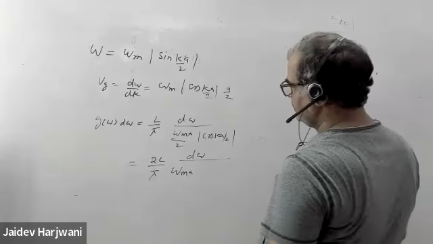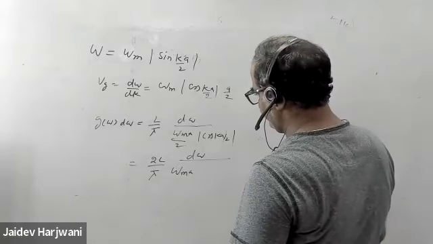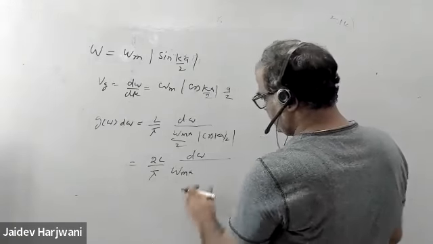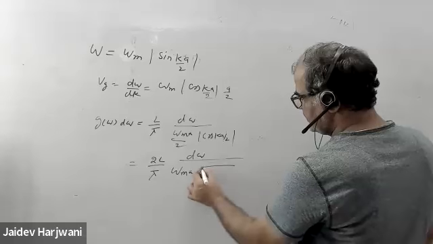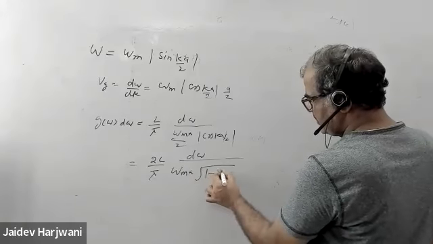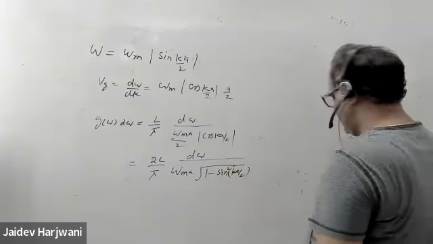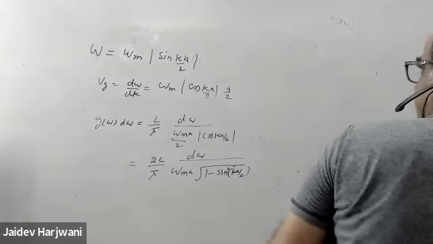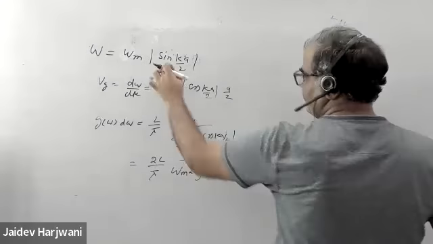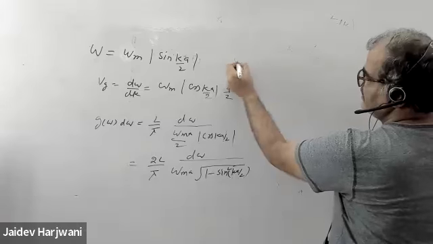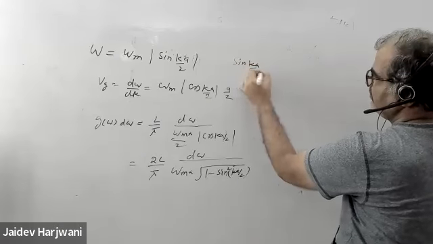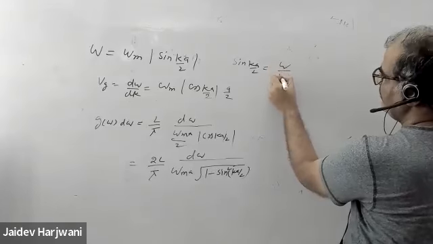Okay, so now you can write cos k is equal to under root 1 minus sin square k by 2. Okay, now sin k value you can put from here. Okay, so sin k by 2 will be equal to what? Omega upon omega m.